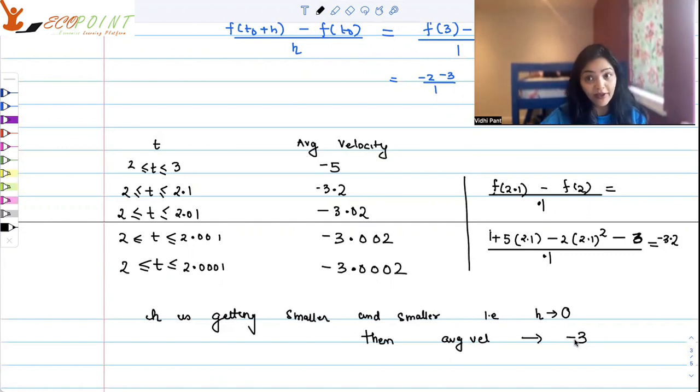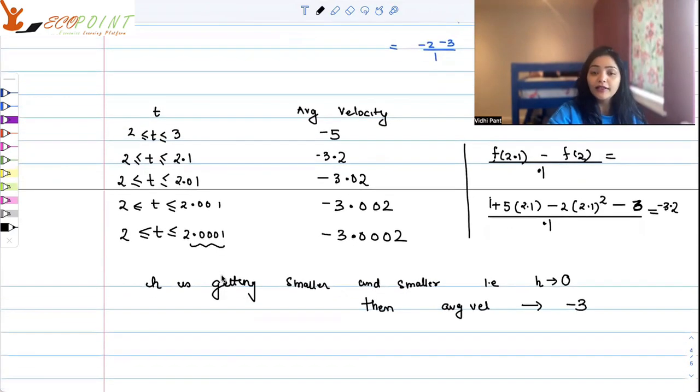velocity anymore, in fact, because as we are taking smaller and smaller h, I could even make it 2.000001, and you would realize you're getting -3.000002, you'll be getting something of that sort.